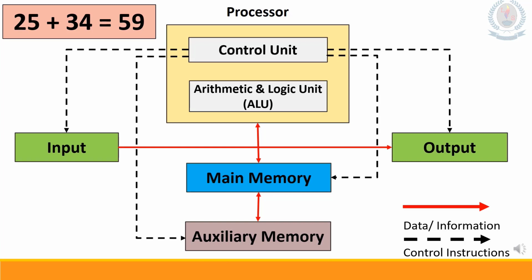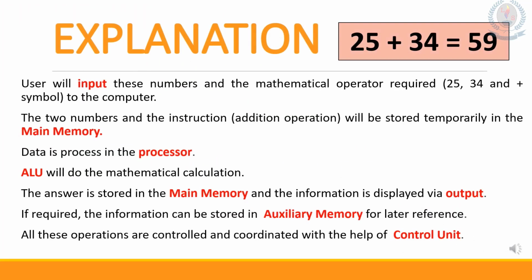All these operations are controlled and coordinated with the help of the control unit. In this diagram, red arrows display the data and information and dashed arrows display control instructions. This is what we just discussed.